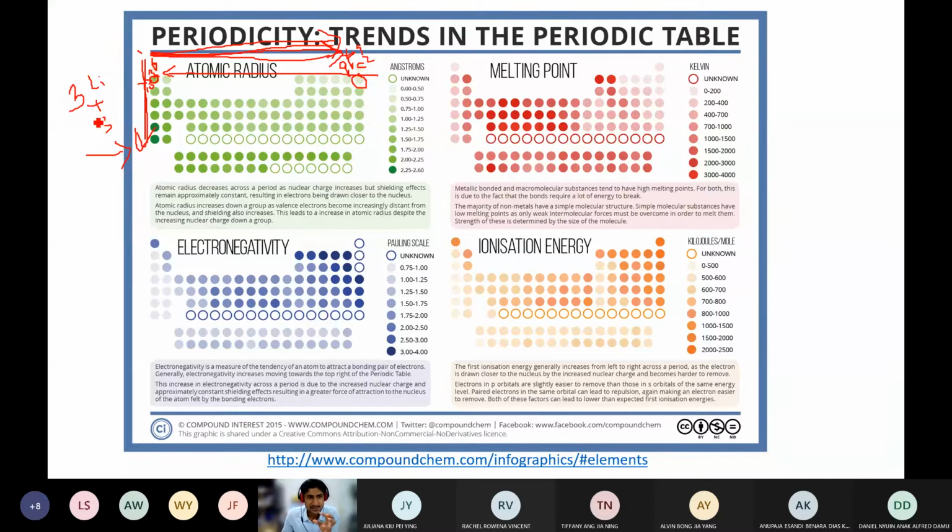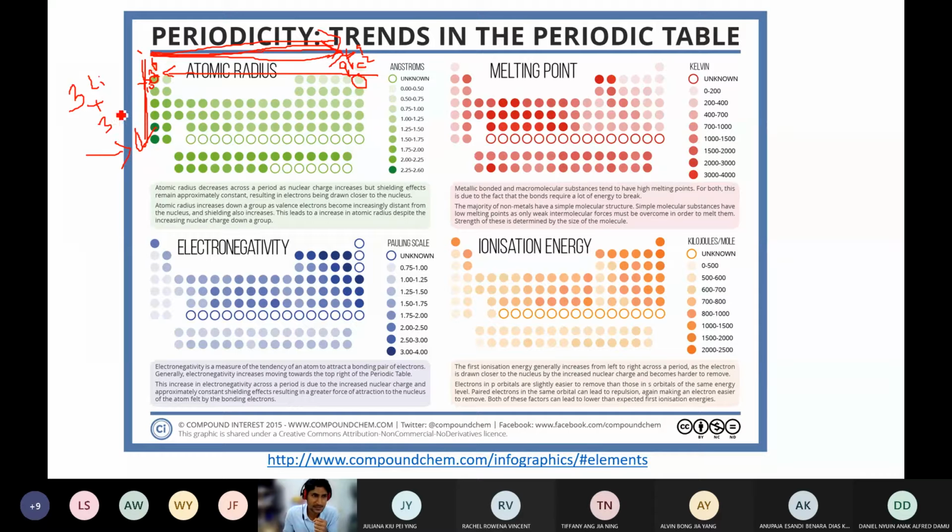Since the nucleus is where the matter or energy is condensed, the number of protons is increasing in the nucleus, the mass number is increasing. It becomes more and more dense.